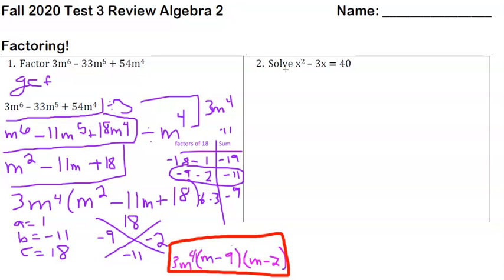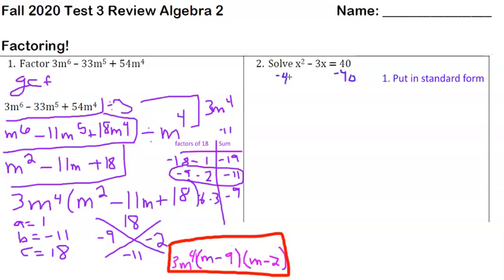Number 2. Solve x squared minus 3x equals 40. The first step is that we want all the terms on one side and then 0 on the other. Notice your c term, your constant, is on the wrong side. And that is putting it in standard form. So we're going to subtract 40 from each side of the equation.